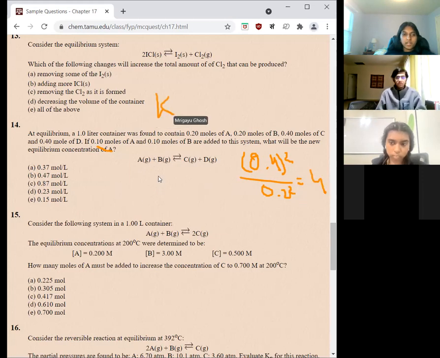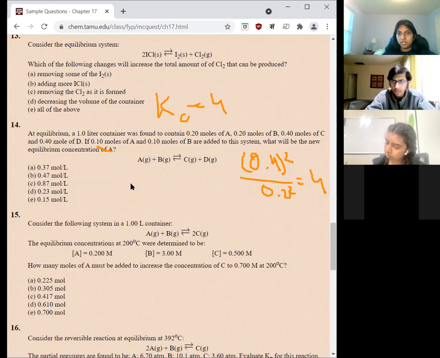And then if we add 0.1 and 0.1, we're trying to essentially keep the equilibrium constant the same. But the concentration of A, and I guess all the rest of them, also have to be different.